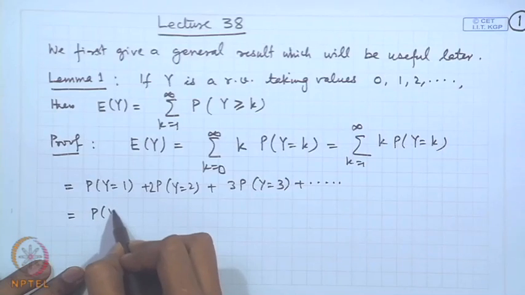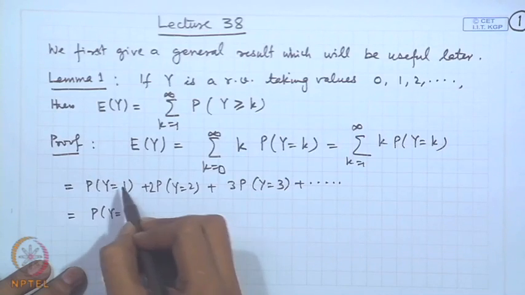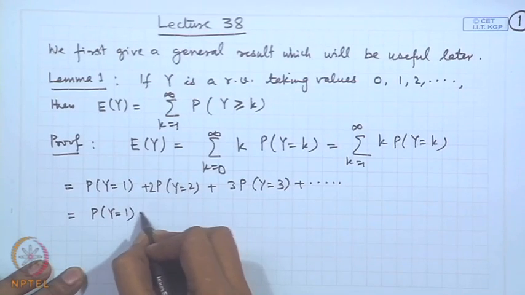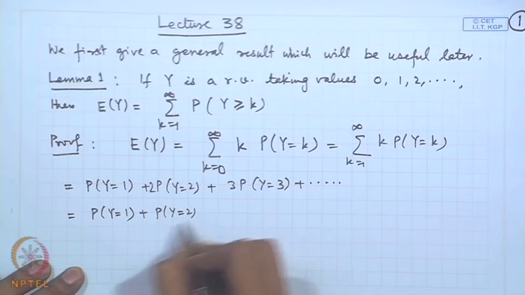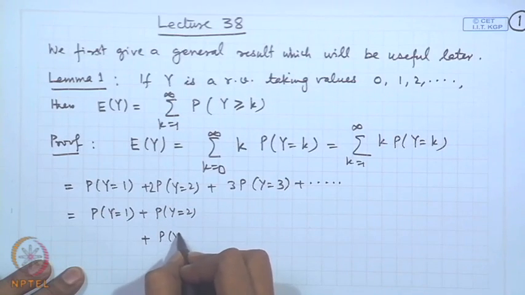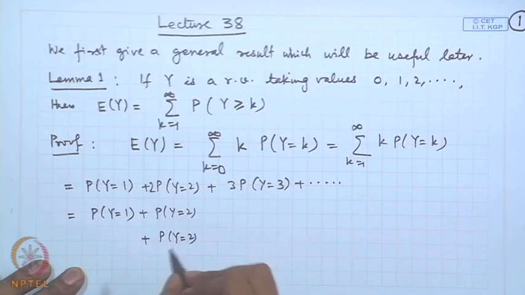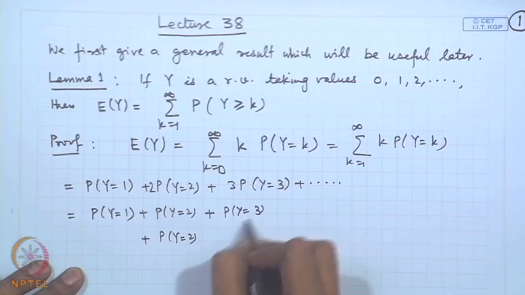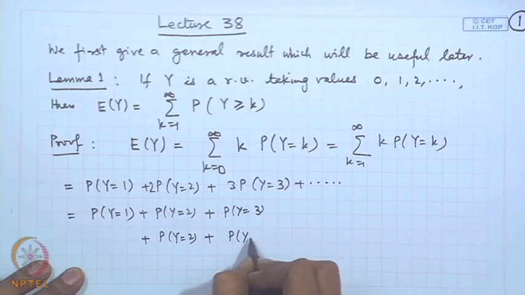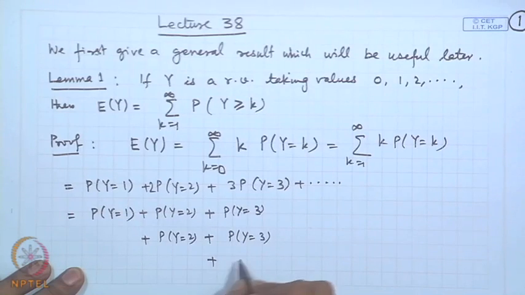Probability Y equal to 1 is the term here. Then probability Y equal to 2, one term is coming here and another term is coming here, which I write in the next row. Now, probability Y equal to 3 is coming 3 times, so I write it in 3 rows like this, and then we add one more row here.